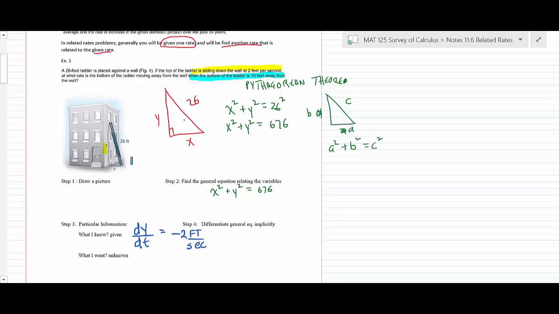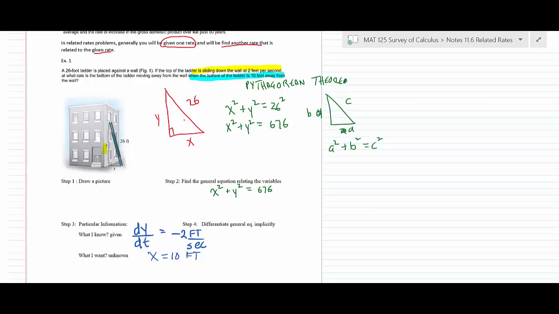Which variable tells you how far you are from the wall? X. So that means x is going to be 10 feet. Now we can use rates as negative or positive. That thing is going down, that's why I'm using it as a negative number. Those are the two things that you're given in the problem.